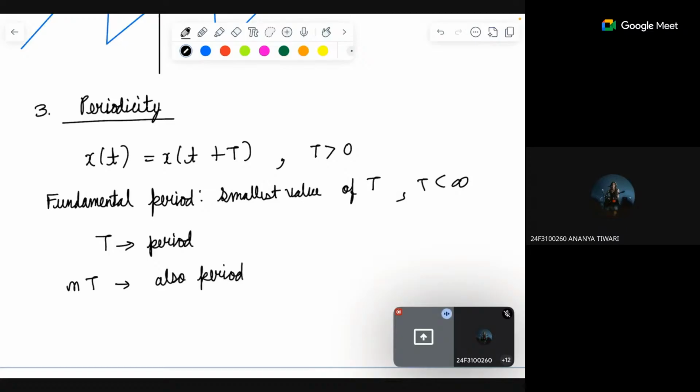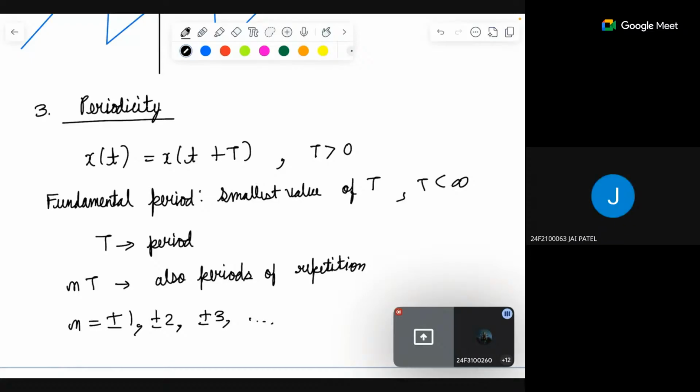Like for cos and sine, if it repeats after 2 pi, it also repeats after 4 pi, and so on. So these are also periods of repetition. N here is an integer. It can be plus minus 1, plus minus 2, plus minus 3, and so on. So that is what periodic signals are. Is everyone clear with that? Yes, ma'am. It's clear.